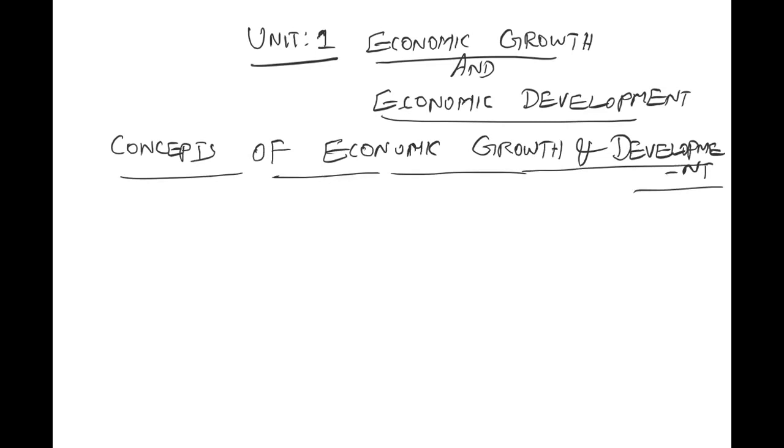For a long period of time, right from the time Mr. Adam Smith published the very first book, Wealth of Nations, in 1776, these two concepts, economic growth and economic development, were used synonymously. That means all the economists thought that there is no difference between the terms.